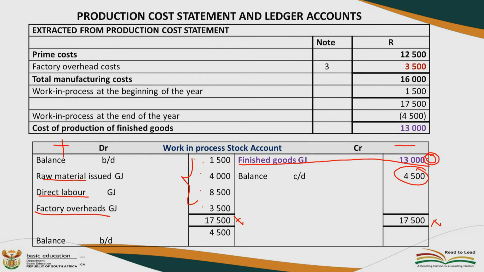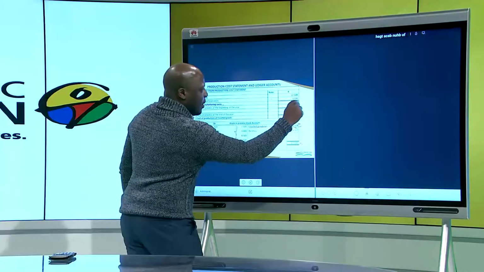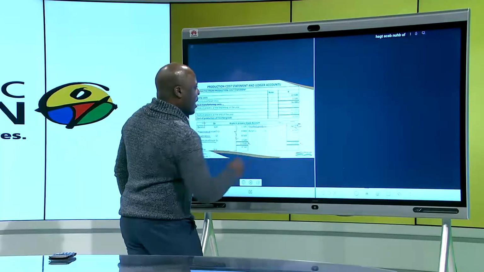But how would we show this if it were to come in the production cost statement? This is how you would show it. You would come now, remember, from the prime cost, you added your factory overheads, and you remember we now have total manufacturing cost here. Total manufacturing cost, which was 16,000.